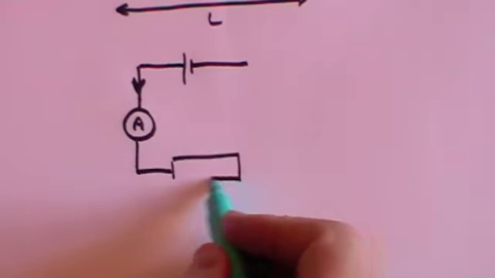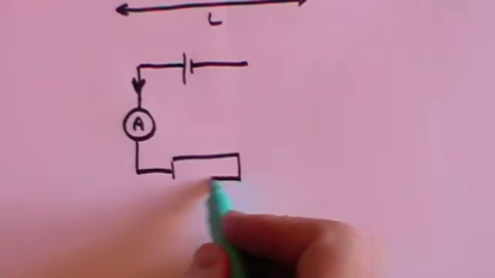Here is the resistance, R, and then we need to complete the circuit. And we want to know what is the voltage across that resistance. So we put the voltmeter across the resistance. And a voltmeter is another piece of electrical equipment that has a scale on it, and it reads the voltage, or sometimes called the potential difference, across the resistance.